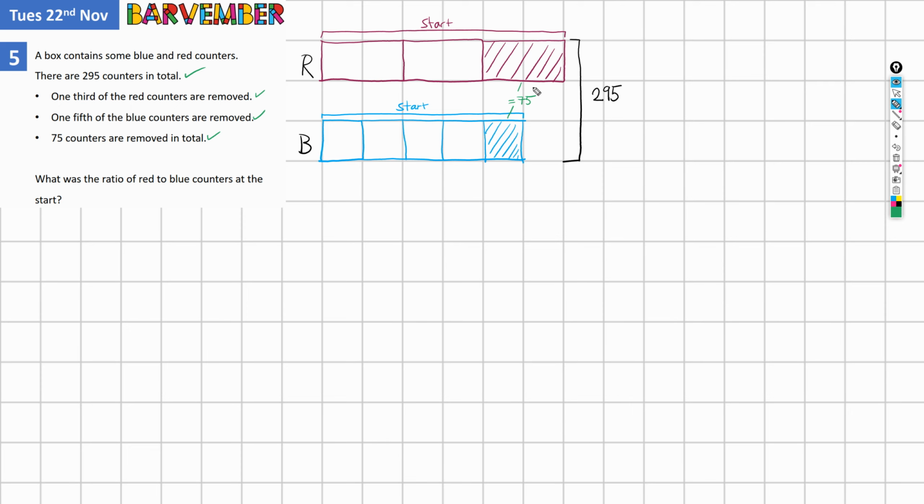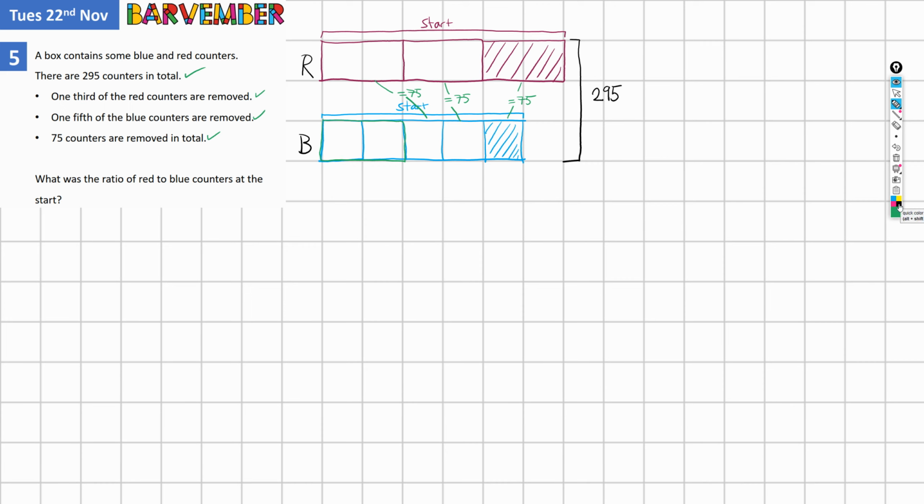And what you might notice then is, if this part and this part equals 75, then this part and this part together would equal 75, as would this part and this part. They would also equal 75. And if you removed all 3 of these pairs, you would be left with these 2 blue blocks.